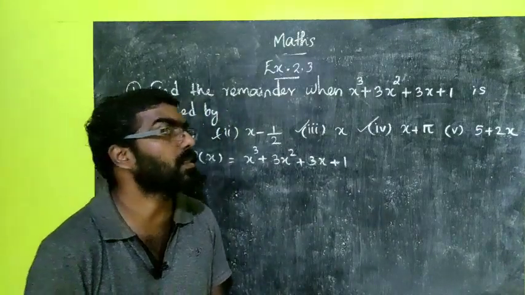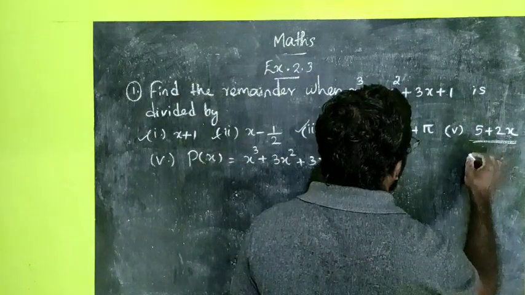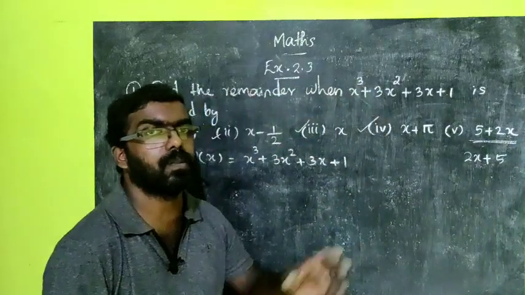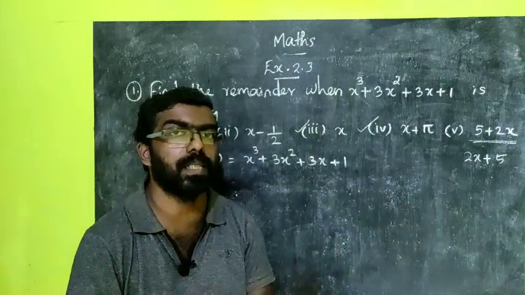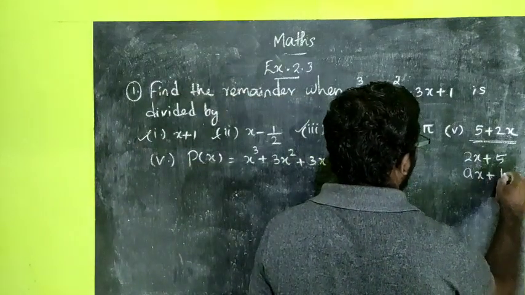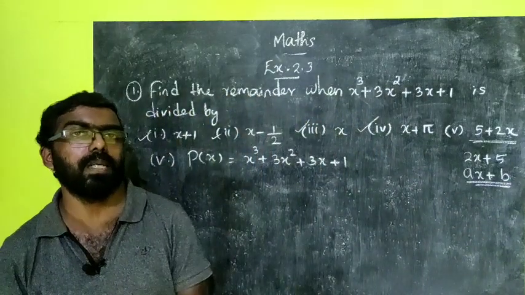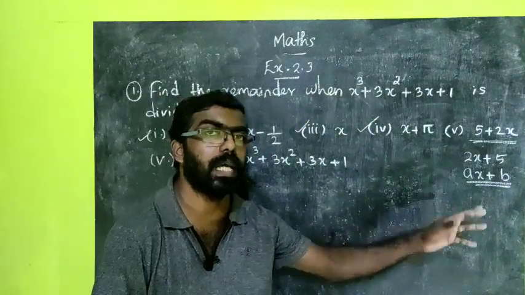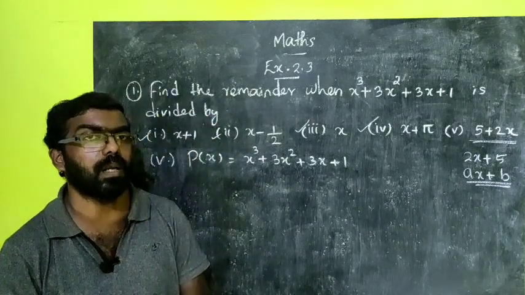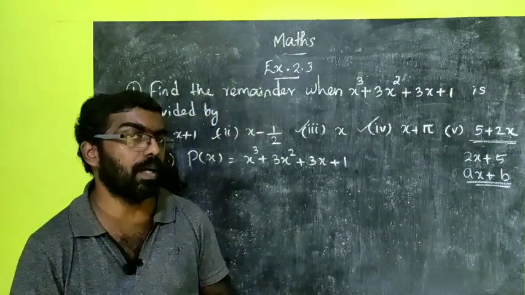Now we move on to the last sub question, and it is 5 plus 2x. First of all, we can change this as 2x plus 5. Okay, 5 plus 2x can be written as 2x plus 5, and now it is in the form ax plus b. Okay, ax plus b. And what is the remainder obtained by dividing a polynomial by ax plus b? It is p of minus b by a. Okay, if it is ax minus b, then p of b by a.